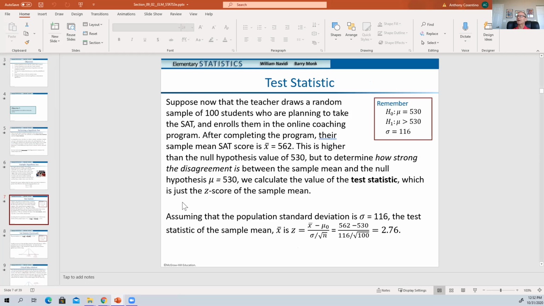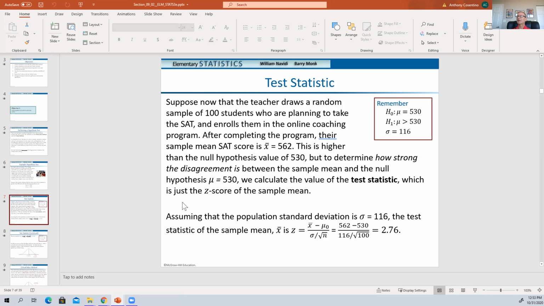Say we take 100 students enrolled in this coaching program, and they take the test, and now you have some data, right? And so here you see that the sample mean is 562. So the question is, can you reject the null hypothesis, or do not reject, given this data set?